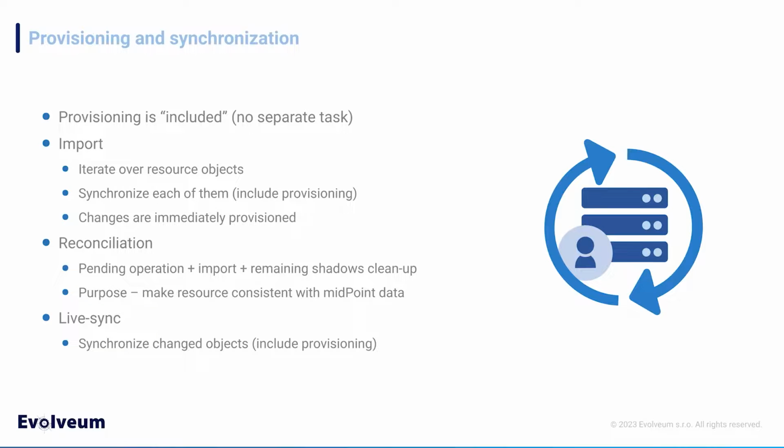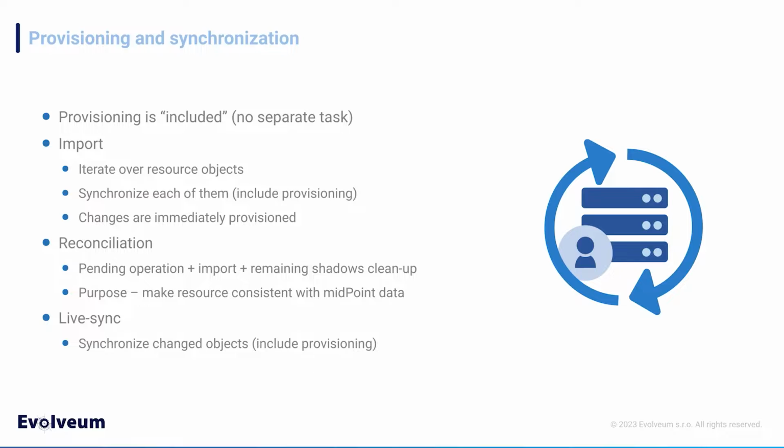Then we will move to the individual types of tasks. And I will start with tasks for provisioning and synchronization, because this is a typical way how you are using tasks. And what is really important to know here is that provisioning, as a way how to get the data out of MidPoint to some target resources, is usually included in some other operation, in some other task.